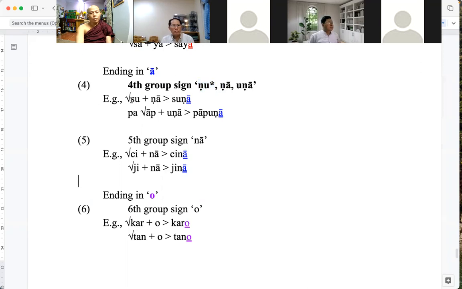So here root su means to hear, to listen. By adding the sign suffix nu, we have the sunu base, this vowel base ending in u. And then root pu means to reach or to attain. To that root, by adding una, we have the papuna base.